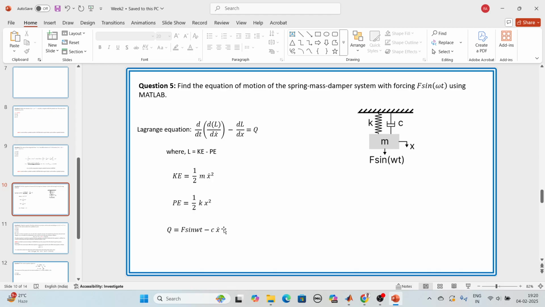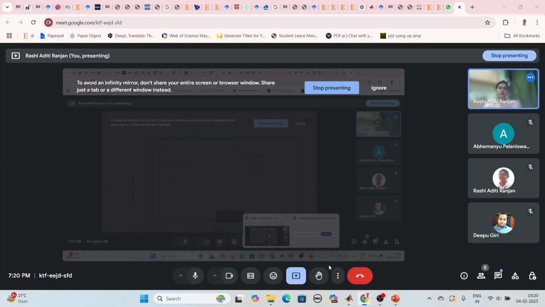However, there is also a modification of the Lagrange equation, known as the modified Lagrange equation, wherein we define the Rayleigh dissipative potential to find the potential of the dissipation, and that is added in the main Lagrange equation as a modified term.